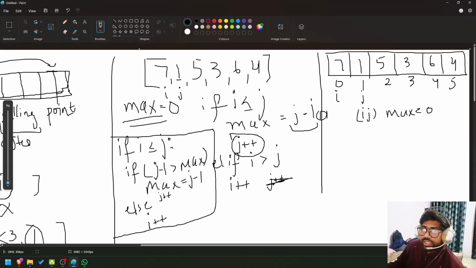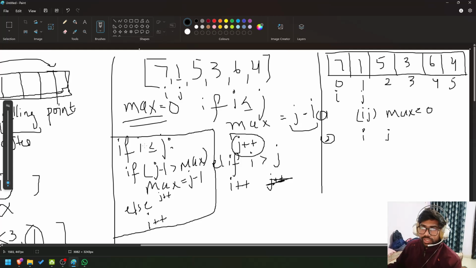Yes, I is less than equal to J. And is J minus I greater than the max? No, it is not. So we will not update the max, but we will update J. So now in the second pass, my I remains here, my J is here, and then we will compare again.